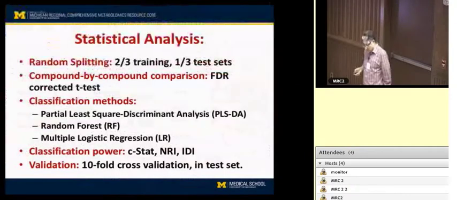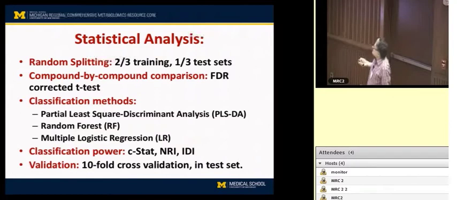So we divided the entire cohort into 2 subsets with the ratio of 2/3 and 1/3. The first 2/3 we used as a training set, and the rest was used as a test set or validating set.